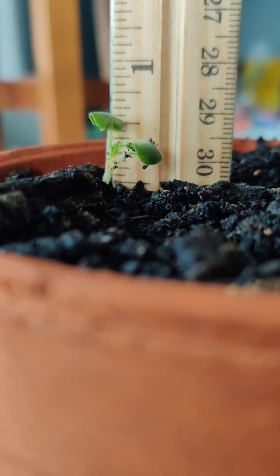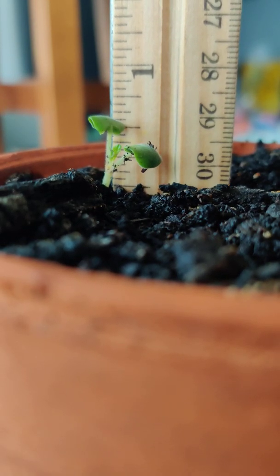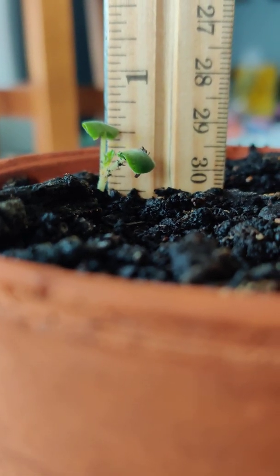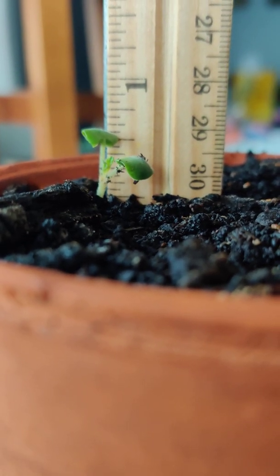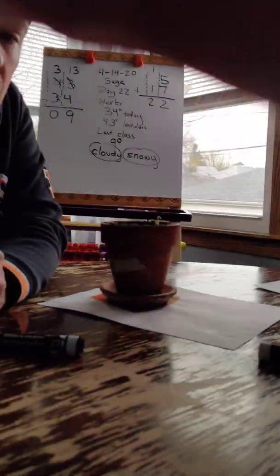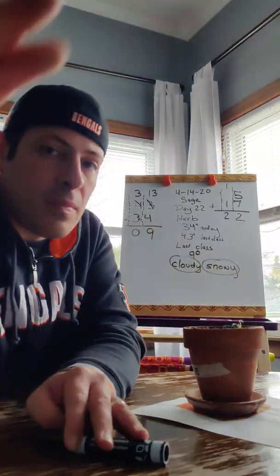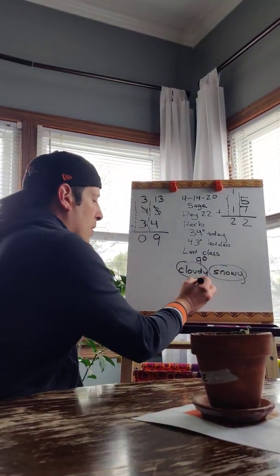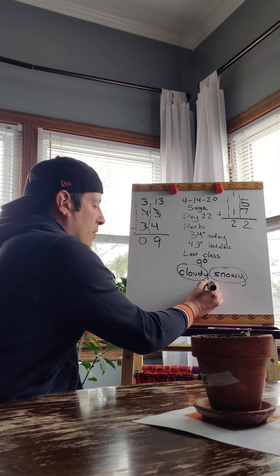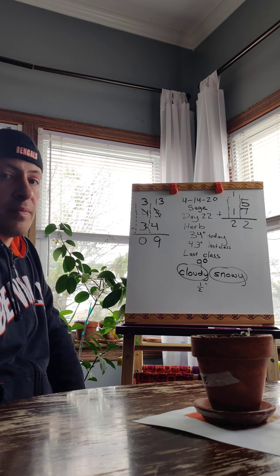So, that top part of the plant, the leaf, is at the halfway mark. So, it's a 1/2 inch. So we're going to do like a fraction, 1/2 inches.